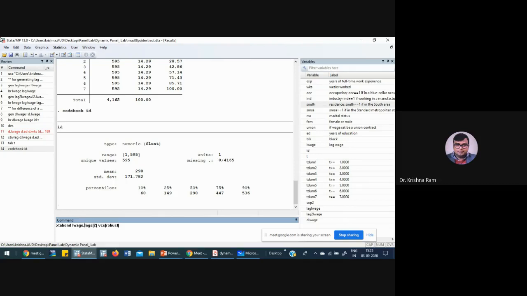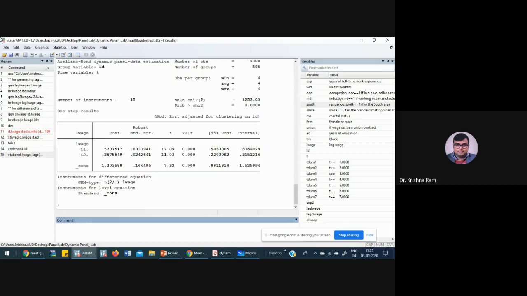This particular regression command has not included any other explanatory variable. So only the lag values of the dependent variable are explanatory variables here, and the explanatory variables are the 2 lag values of the dependent variable, y_i,t-1 and y_i,t-2.